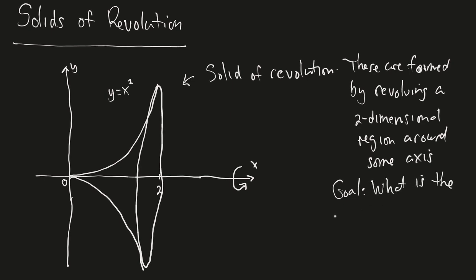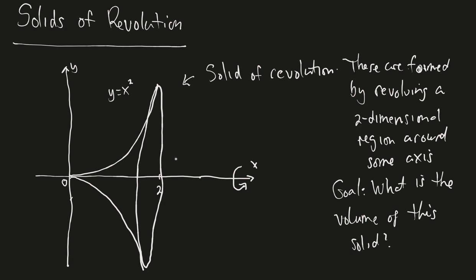Just like how we had an area problem, this is now a volume problem, and it's a specific kind. There are other types of volume problems. This is the one that we're going to focus on, and there are several variations of this, and we will do it over a few videos.